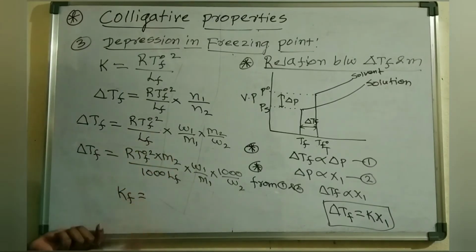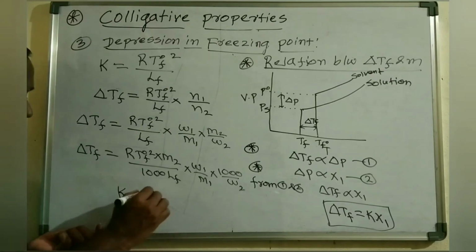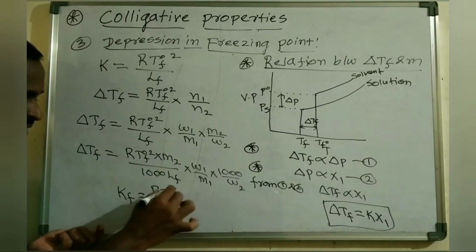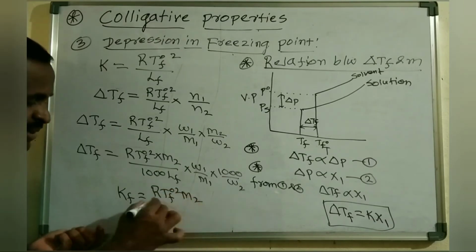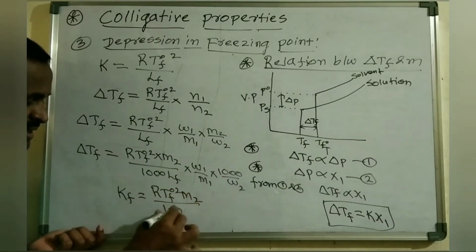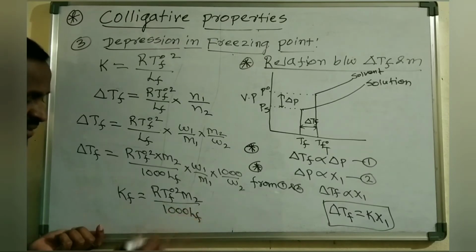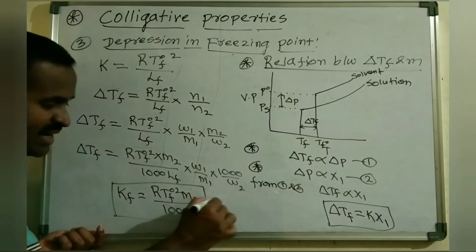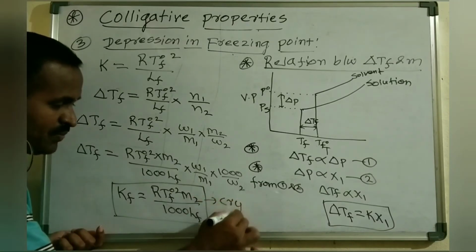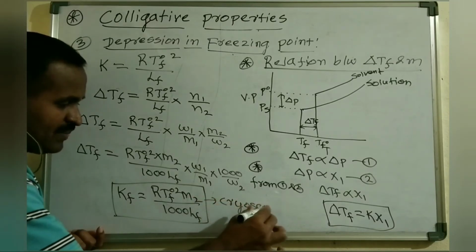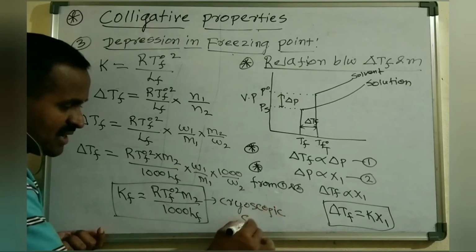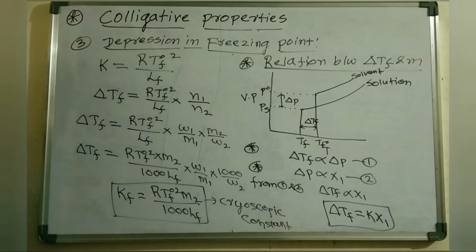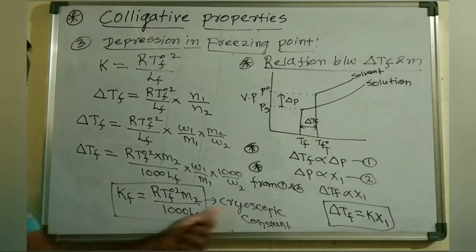KF is nothing but the cryoscopic constant. This cryoscopic constant is R TF naught square into M2 divided by 1000 LF. This is the cryoscopic constant.